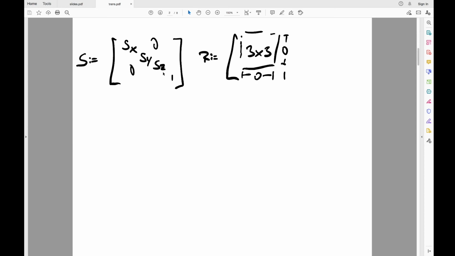Then we have rotation matrices, which have an upper left 3x3 matrix containing the elements required for the transformation, where the bottom row and the rightmost column are the 0, 0, 0, 1 vector. Then we have translations, where the 3x3 part is just the identity matrix, the bottom vector is 0, 0, 0, 1, and the translation sits in the rightmost column: for the x-axis, the y-axis, and the z-axis, we have the respective translation factors.